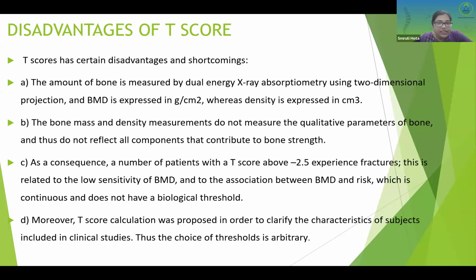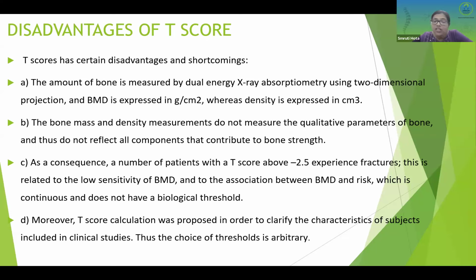So what are the disadvantages of the T-score? First of all, the measurement itself is based on dual energy X-ray absorptiometry. You must have heard of the DEXA scan, which gives us a two-dimensional projection of the bone density. So the result is always expressed in grams per centimeter square, but true density should ideally be measured per cubic centimeter. So this is a 2D measurement.